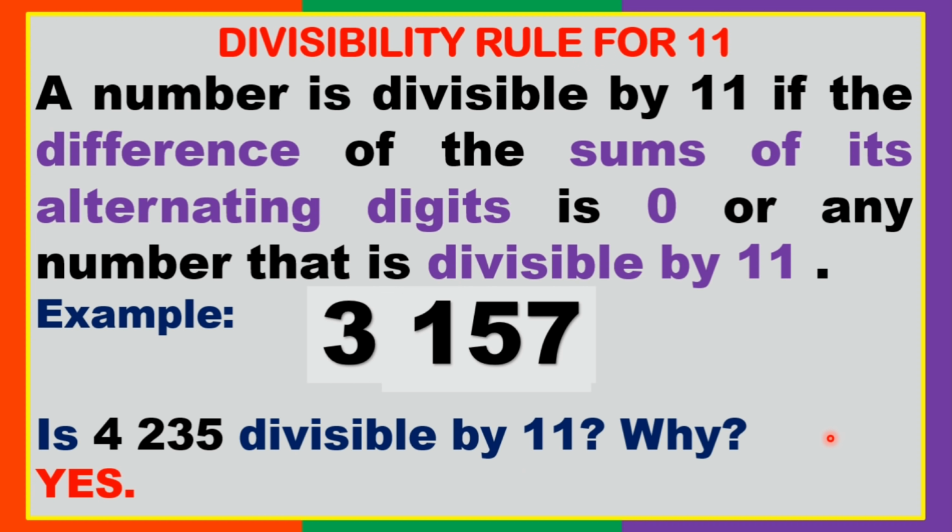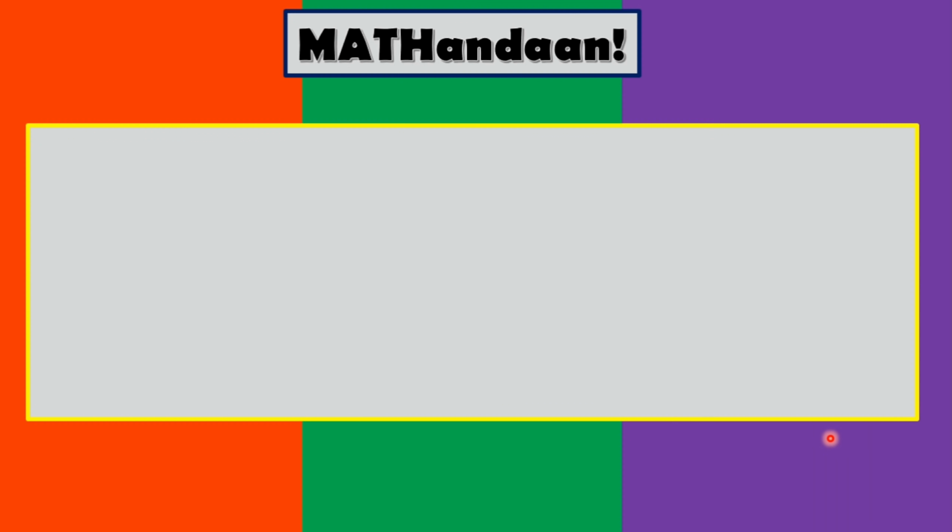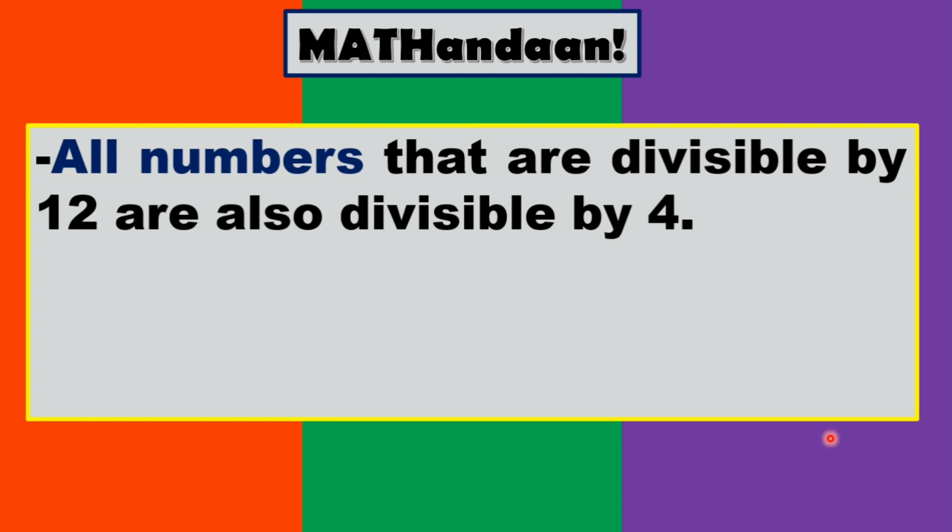Okay, so we are done with our 4 rules, and here are the things to remember. First one, all numbers that are divisible by 12 are also divisible by 4. Take note of that. All numbers divisible by 12 are automatically divisible by 4.